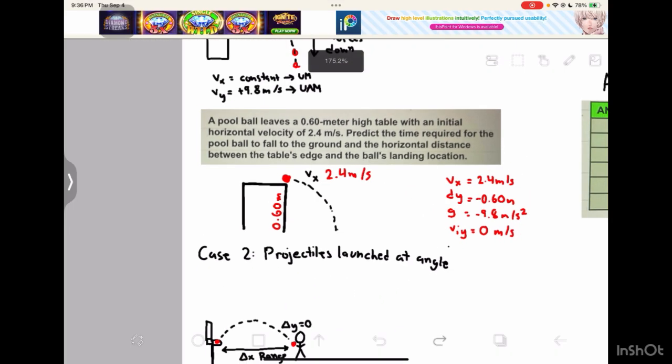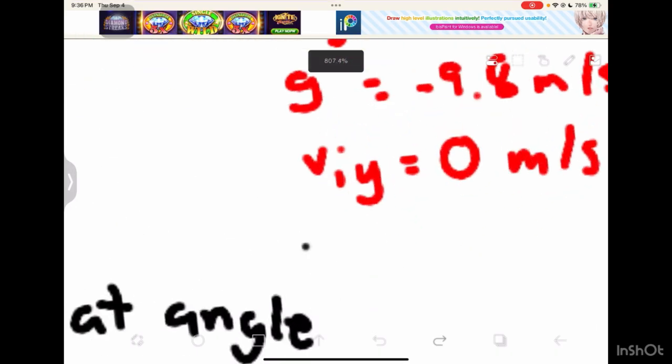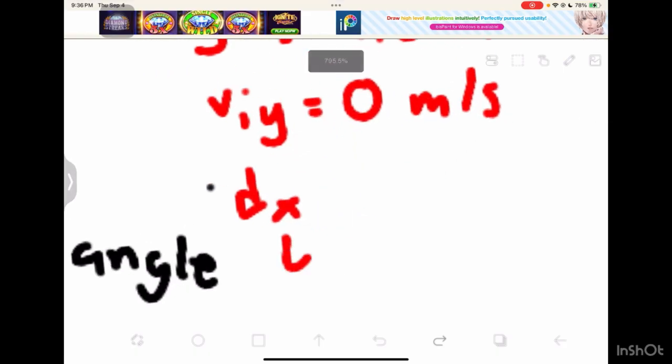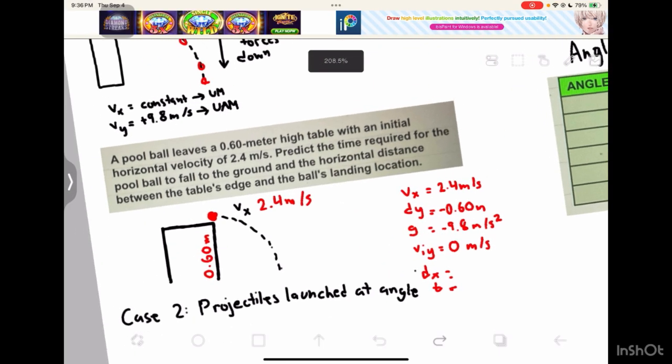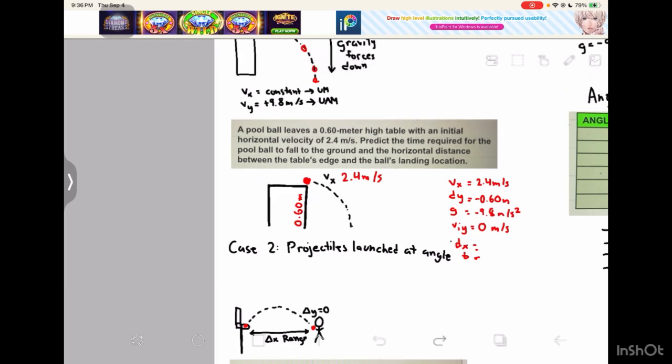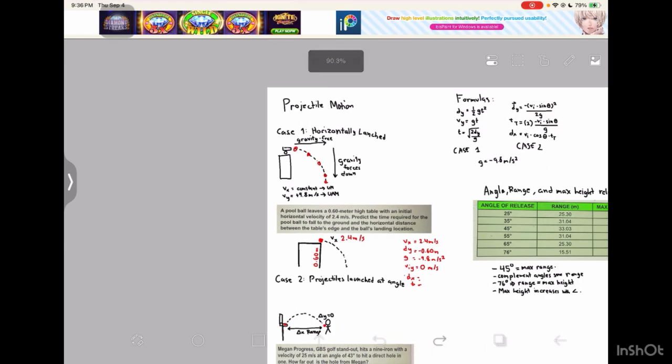We want our horizontal distance, so d sub x, and we want our time, because it's stated to predict the time. A lot, right? It's okay. Let's breathe.